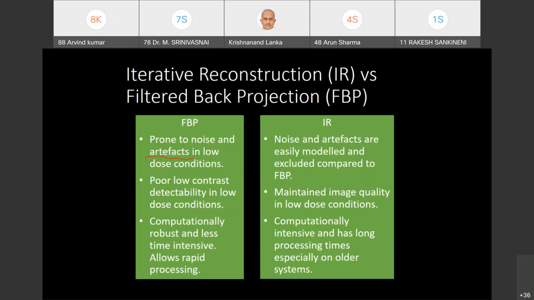So instead, you can use some kind of calibration approaches to overcome such artifacts. So it is prone to noise in low dose conditions, with poor low contrast stability in low dose conditions, because you're using a lot of filters now in filtered back projection.